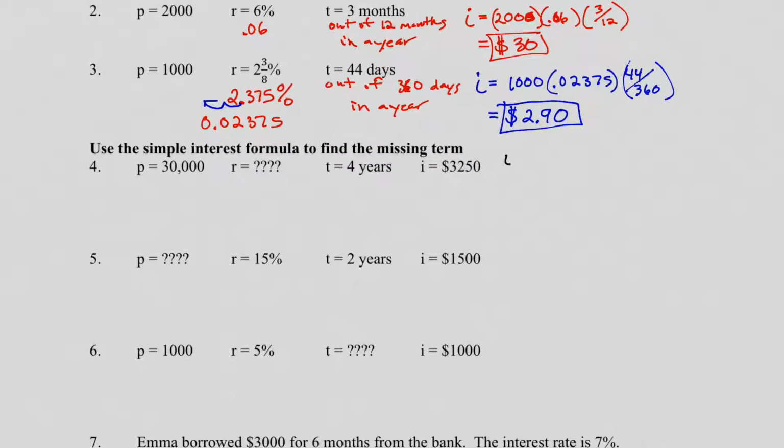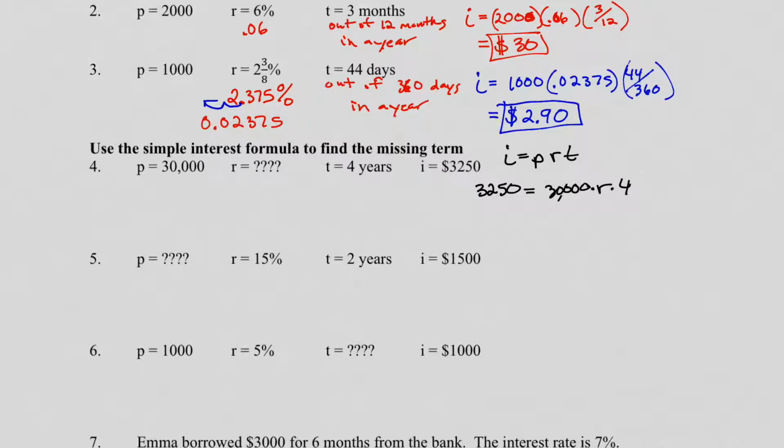So remember that I equals PRT. And so we're given the interest charge. We're given the principal, $30,000. We're not given the R, and we're given the time as 4 years.